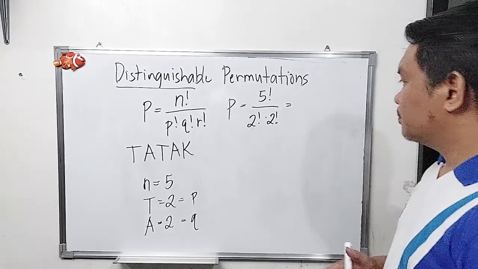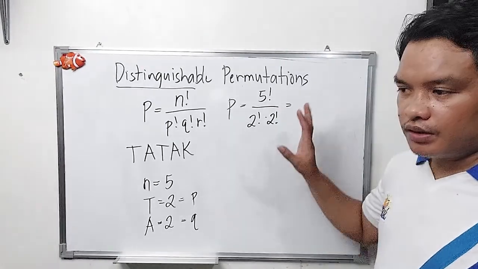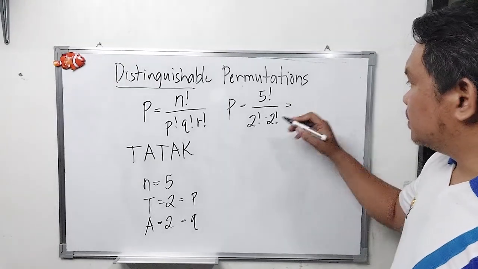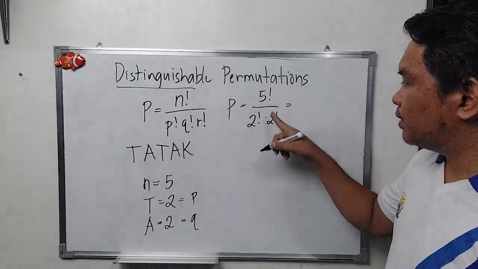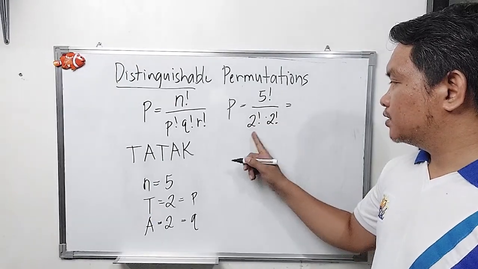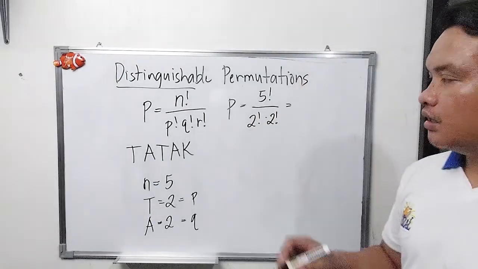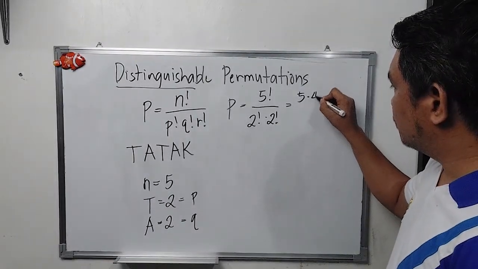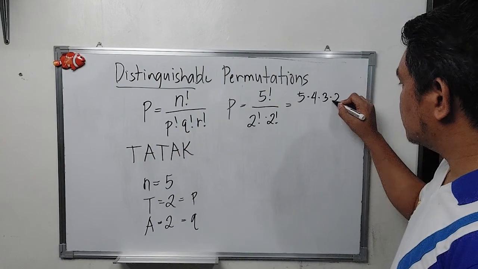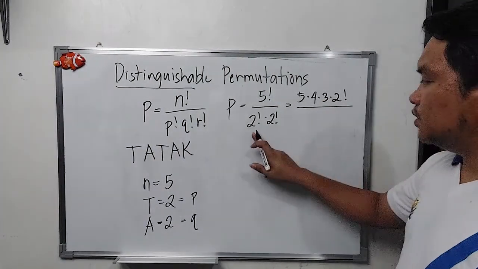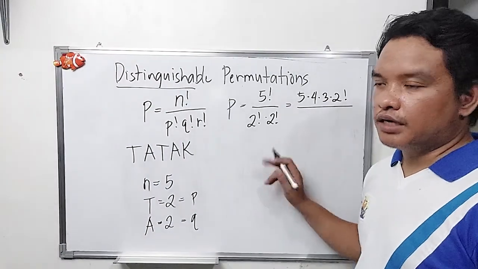No? Pero kung wala tayong calculator, kailangan natin ng mga technique para mas mabilis nating masolve yan. So, expand natin to up to the biggest number dito. Alin ba yung mas malaki? So, since parehas lang naman yan, 2 na lang. We have 5 times 4 times 3 times 2 factorial. Tapos, yung isa dito, i-expand mo, yung isa, hindi.